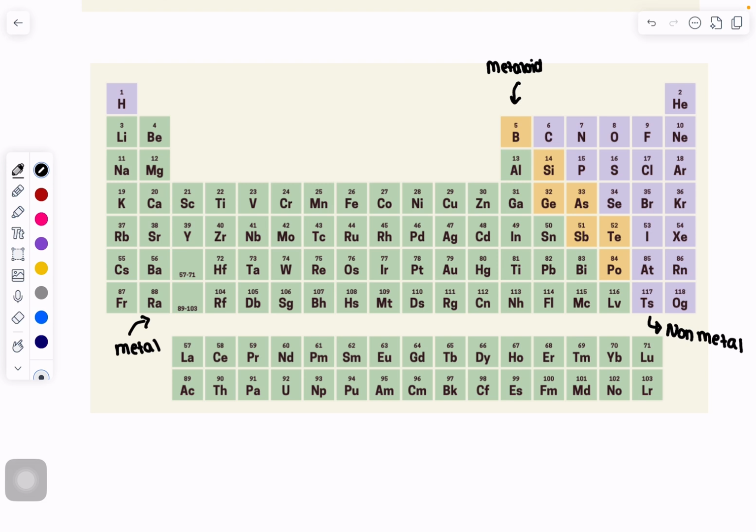Next, we're going to talk about the different groups. Remember that anything in group 1 is also called an alkali metal.